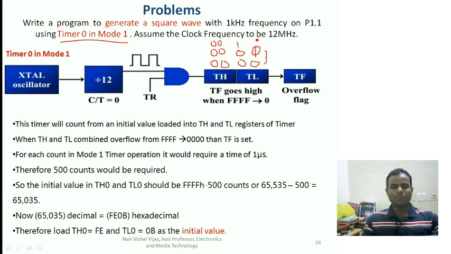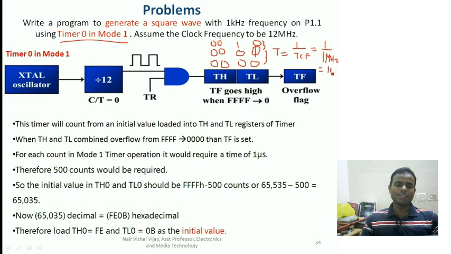It's very simple. The time required will be nothing but equal to 1 divided by your timer clock frequency. How much is that? That is nothing but 1 divided by 1 megahertz, which is nothing but equal to 1 microsecond.